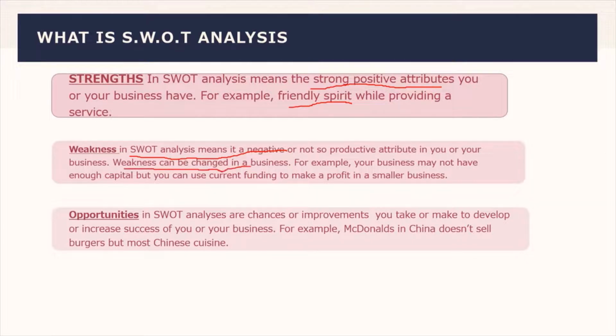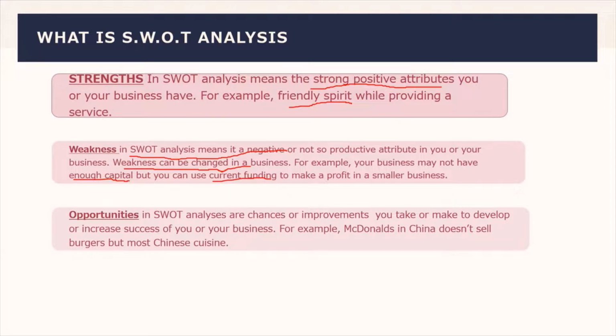For example, if you want to have a particular big business, but you don't have the money to start it, that's what we call capital. You don't have enough capital. You're going to do a small lemonade stand to make profits so that you use those little profits to eventually turn the lemonade stand into a bigger business.